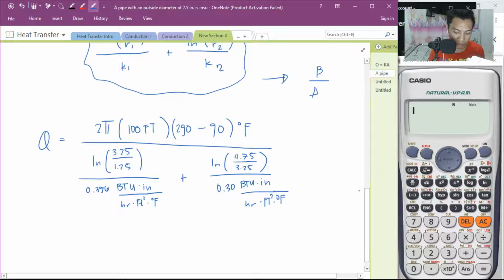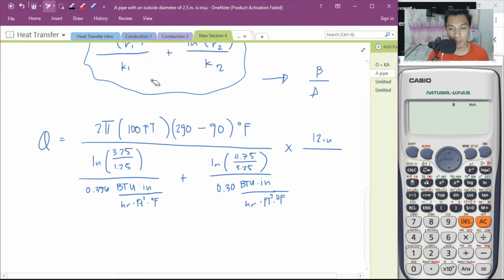So, let us solve. May feet ka dito, inch yun nandito. So, you have to multiply it with 12 inch per 1 foot. Ay, hindi. Aakyat pala yung inch mo dito.